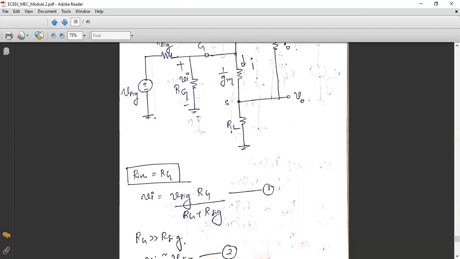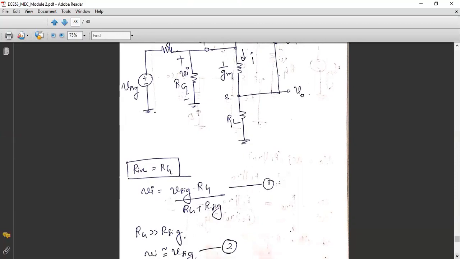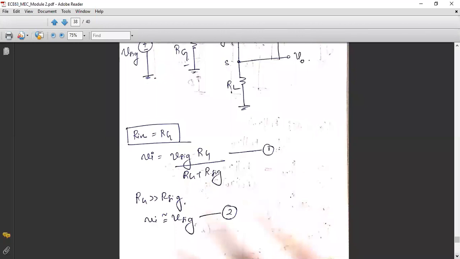And we know that always the gate resistance is very large for a MOSFET. So what you will do is neglect this Rsig when compared to Rg, because you are going to retain only Rg in the denominator. Why? Because Rsig is very small and Rg is very large. So you will remove Rsig from the denominator, so that Rg will cancel from the numerator and denominator, and Vi will become equal to Vsig.